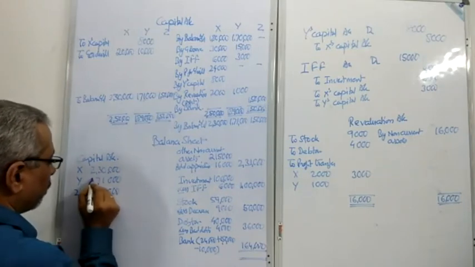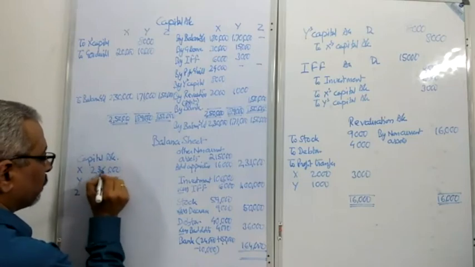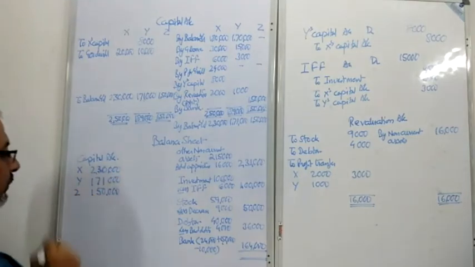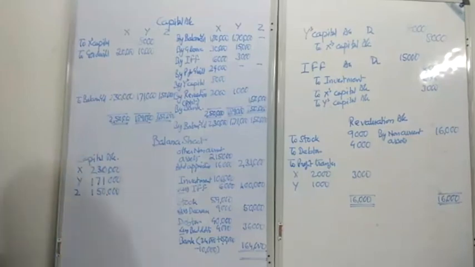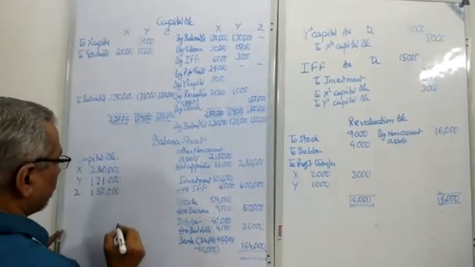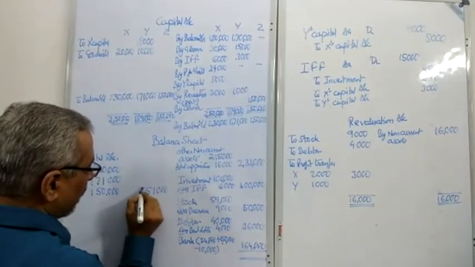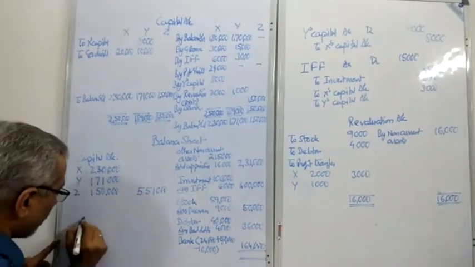Please see very carefully. Add up all the three. The total which we get over here is 5,51,000. Apart from that, we have only creditors.